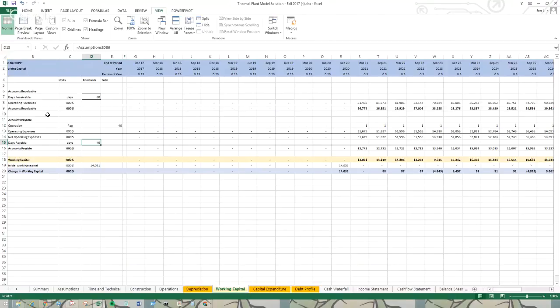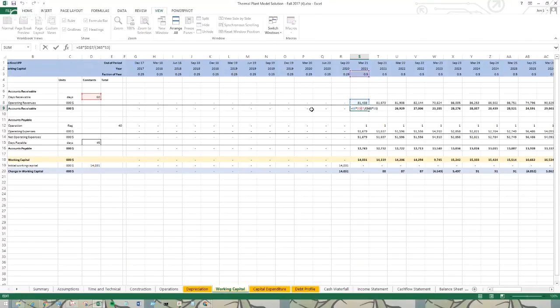So then you end up calculating it. You get your operating revenue, and then your accounts receivable is you prorate the operating revenue for the period. You take your DSO, your days receivable, then you prorate that for the time period, so you divide it by 365 times the prorated semester.